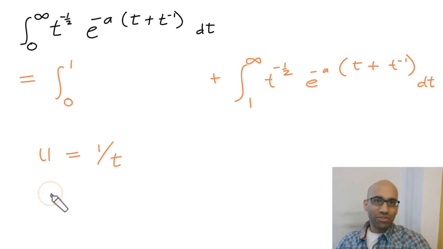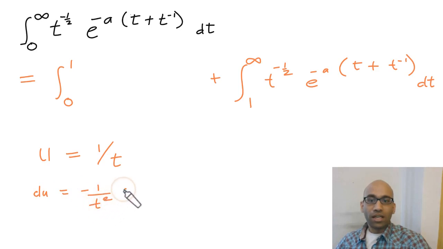Hopefully you were able to have some idea what you could do with this expression. You have u is equal to 1 divided by t, and now let's take the differential form. du will be equal to minus 1 divided by t squared dt. Before plugging everything in, we've got t to the power minus half dt here, so let's bring the t to the 3 divided by 2.